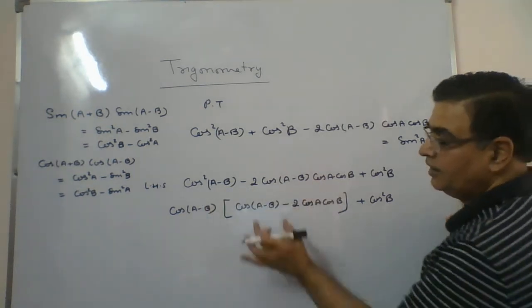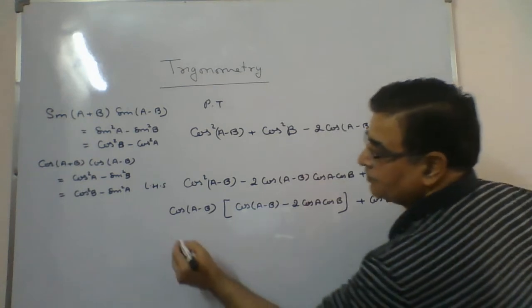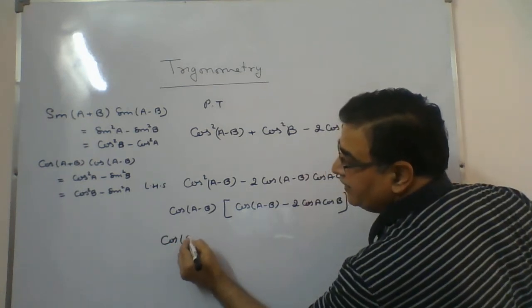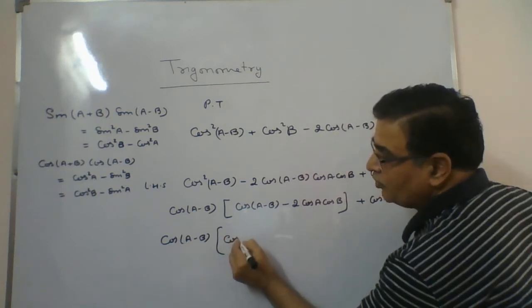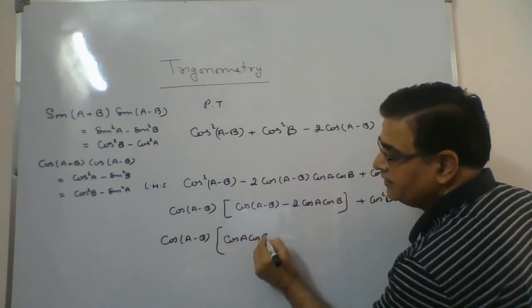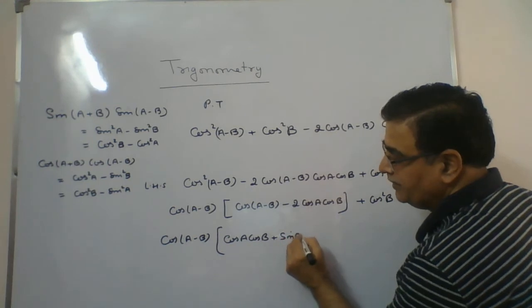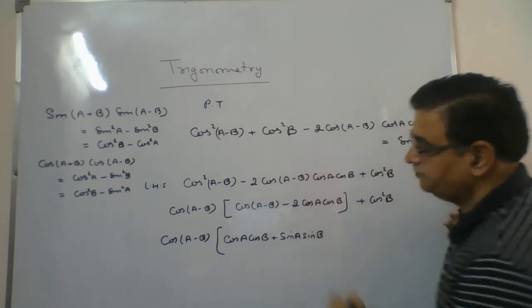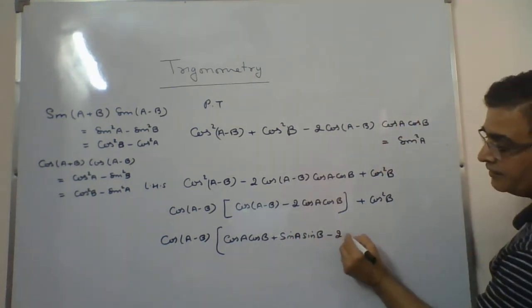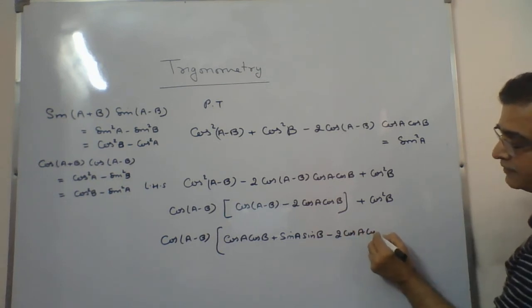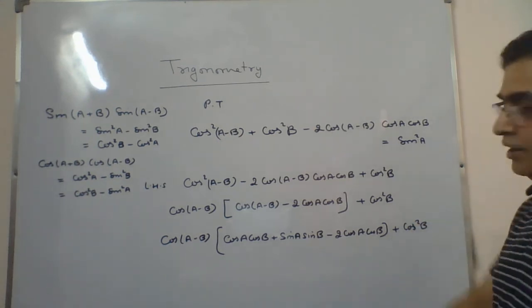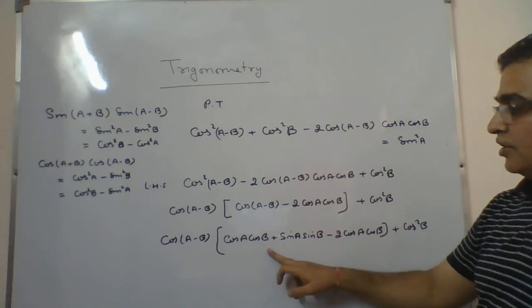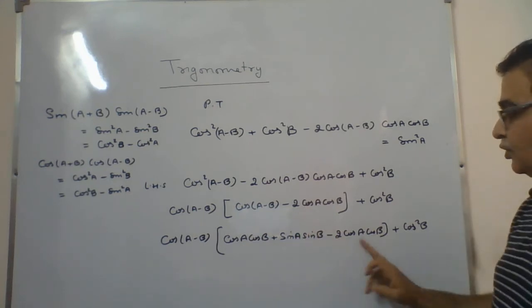Now this formula is with us, so I can use this cos(A − B) as it is first. Cos(A − B) is cos A cos B + sin A sin B. And then left is −2 cos A cos B plus cos²B. This is the result we have.